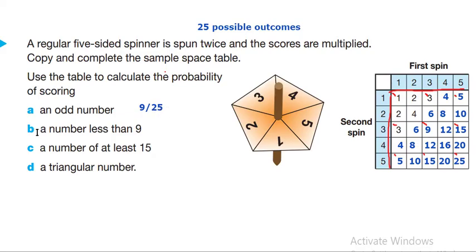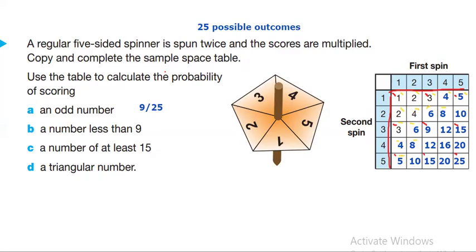Now, the probability of a number less than 9. Let's count them. It means we don't count the nines, only the numbers less than 9. So we have 1, 2, 3, 4, 5, 6, 7, 8, 9, 10, 11, 12, 13, 14.